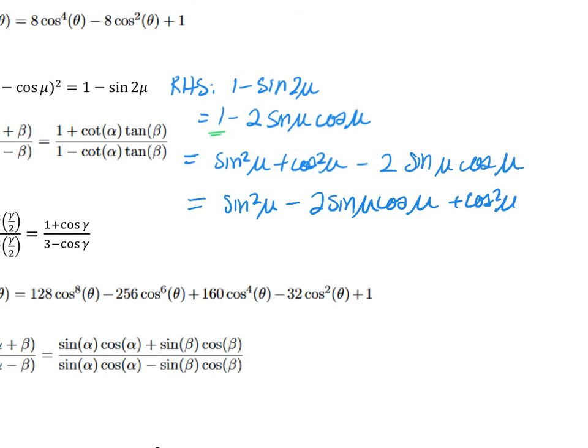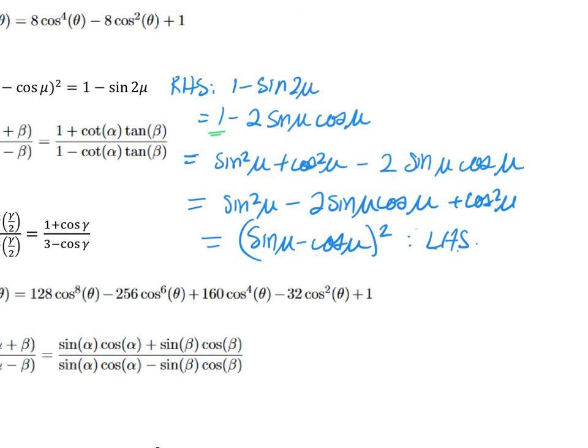What this looks like is a squared minus 2ab plus b squared, which is a perfect square trinomial. So that means this is going to equal the sine mu minus the cosine of mu, the quantity squared, which is the left-hand side.